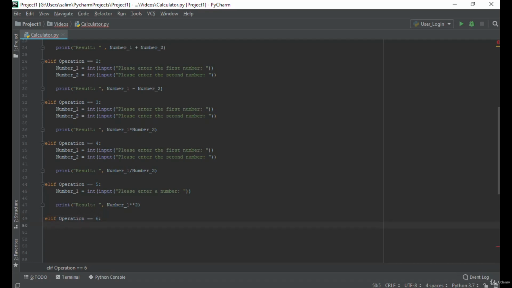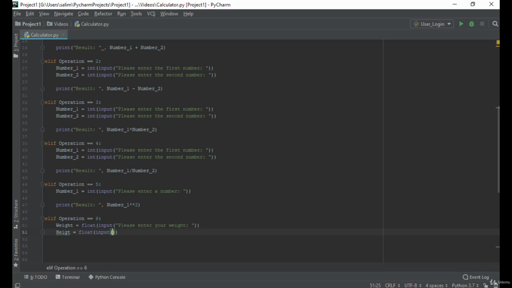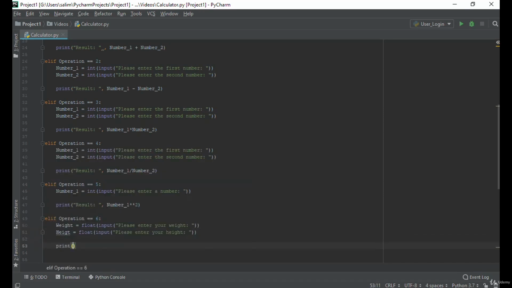Create two variables named weight and height, and ask for that value to be entered by the user. Print weight divided by height to the power of 2.